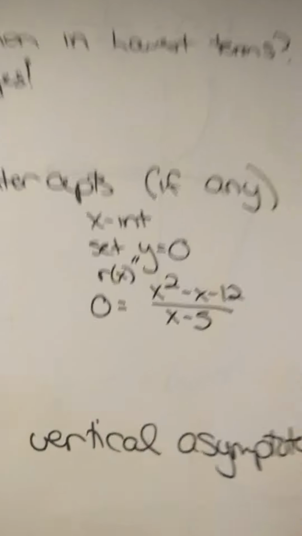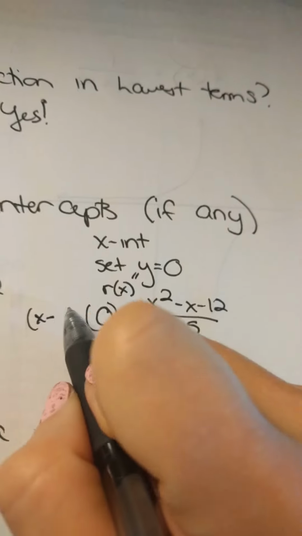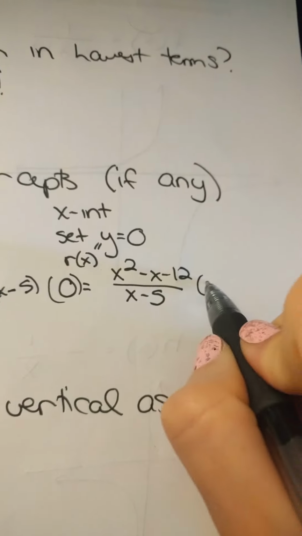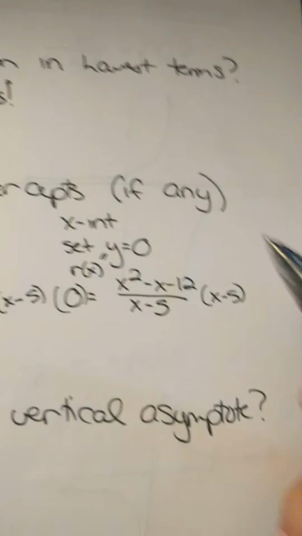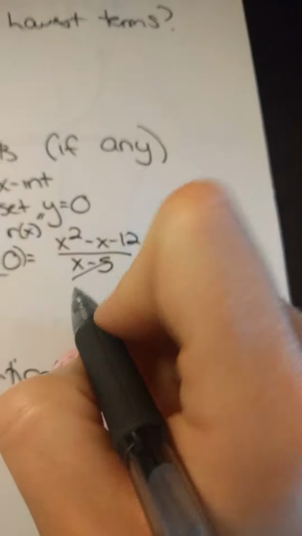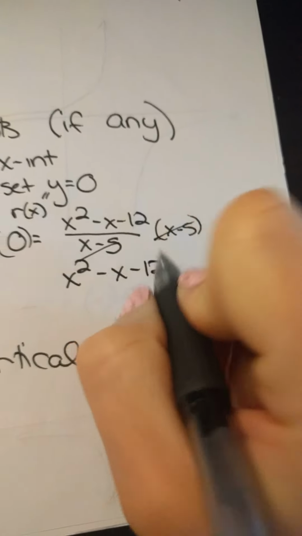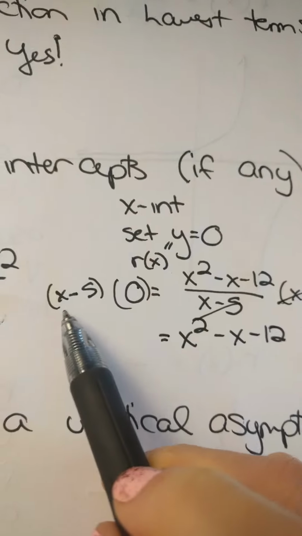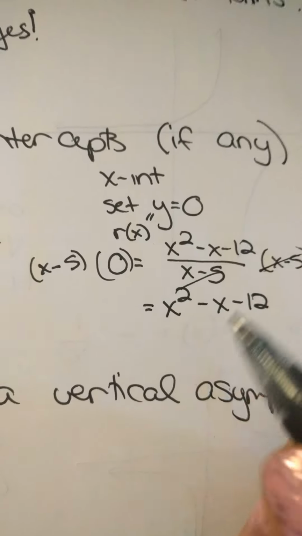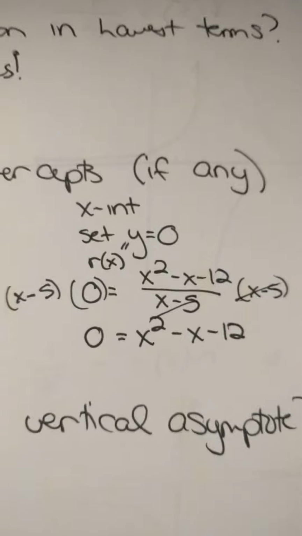Well, if I were to multiply both sides by x minus 5, on the right-hand side, the x minus 5s will very nicely cancel out, and that'll just leave me x squared minus x minus 12. On the left-hand side, I have x minus 5 times 0. Well, anything times 0 is just 0.